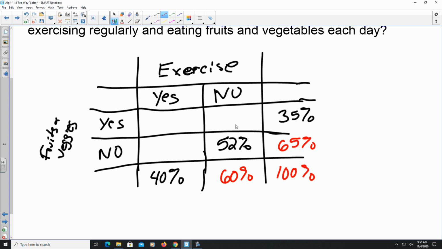If that's 65, 65 minus 52 is going to be 13% right there. 60 minus 52 gives me 8%. And that's enough. So 35 minus 8 will give us 27%. Okay, so we have this.